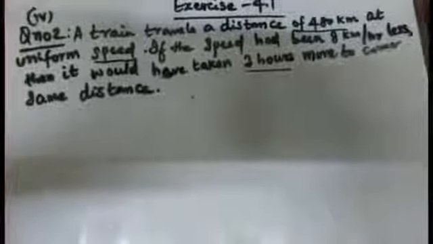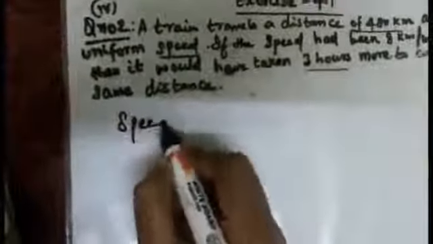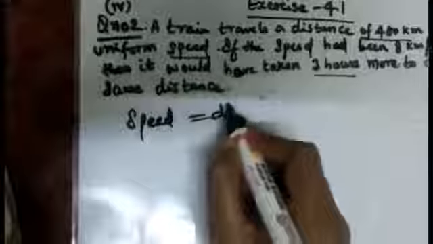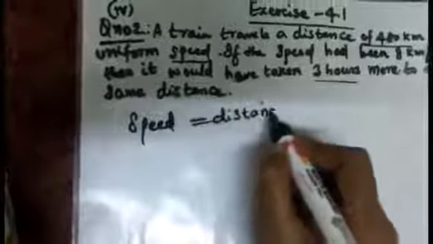So it is trying to ask us to relate the time between both the cases and make a quadratic equation. To make our work simple, we will underline the things which are really important for us related to the speed problem. In the speed problem, as we all studied in 9th class, speed is equal to distance by time.